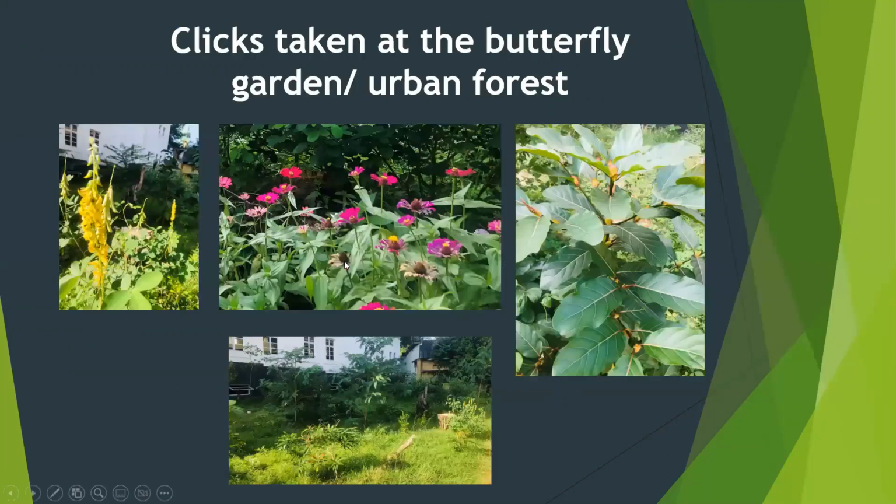These were some of the photographs taken at the butterfly garden. These photographs were taken by the demonstrators of our departments at my request. Actually, it would have been nice if we could see some butterflies also.